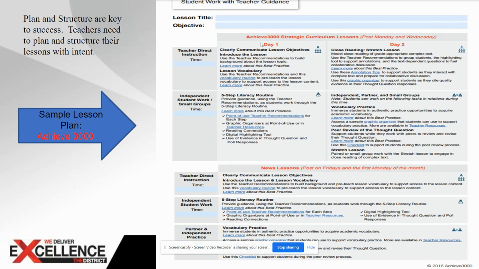Under each of these particular sections, you will find links to videos, to more professional development, key recommendations, etc., to support you as you're moving through and really mapping out for yourself what you want your students to be doing in order for them to be successful on Achieve 3000.